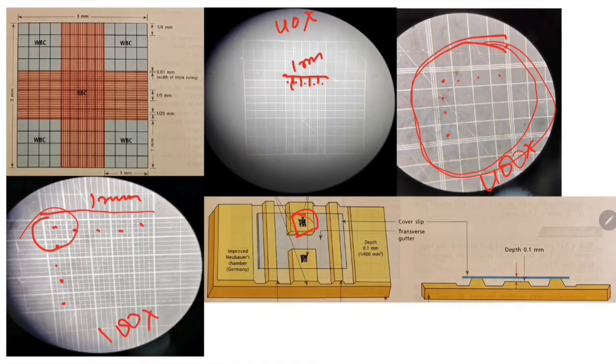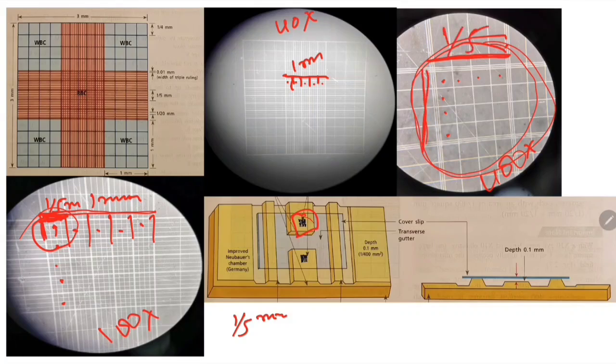So we have divided it into 1, 2, 3, 4 and 5 areas. So the length of this area is 1 by 5 millimeter. This whole length is 1 millimeter, and this length is 1 by 5 millimeter. This area is 1 by 5 millimeter, not 1 millimeter, 1/5 of 1 millimeter. And the breadth is also 1 by 5 millimeter.